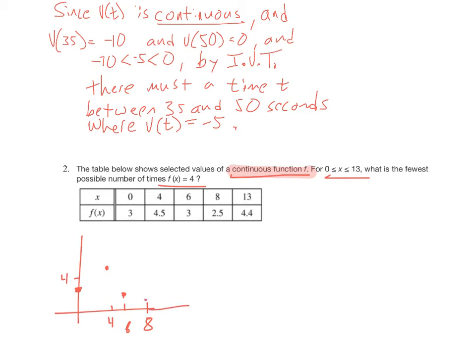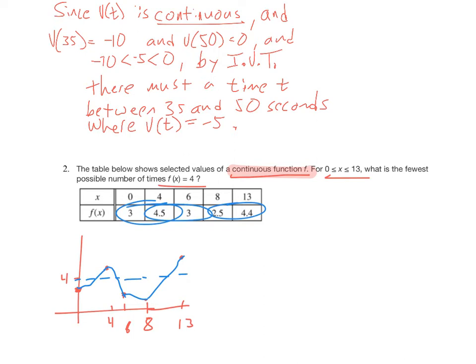When x is 13, somewhere out here, we're back up. So this function has to go up, and then down, and a little farther down, and then up. So everywhere that we cross 4, there's one there, there's one there, and there's one there. So at least 3 times, okay?